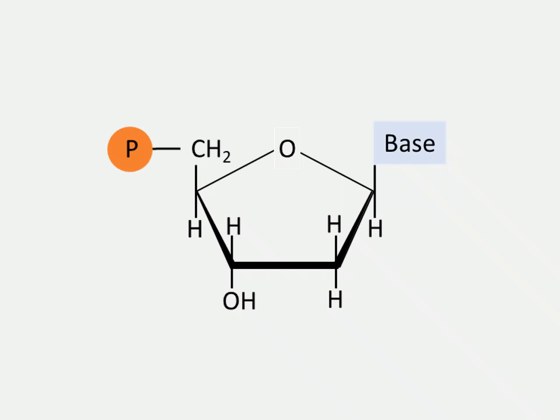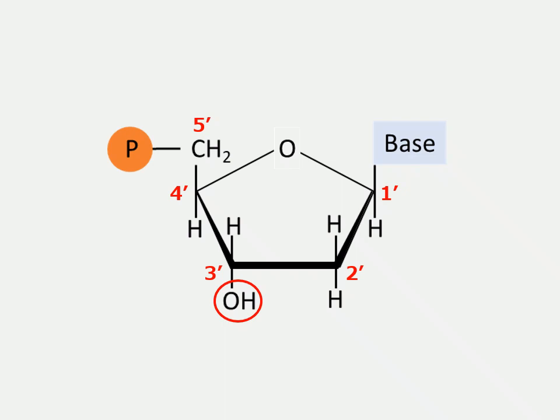In DNA, these are A, G, C, and T, while in RNA, the T is replaced with U. The carbons around the sugar are numbered, with the 1' being attached to the base and the 5' being attached to the phosphate. That 3' hydroxyl that we've been talking about is this one right here. And this will be used to form a phosphodiester bond to the phosphate of the incoming nucleotide.